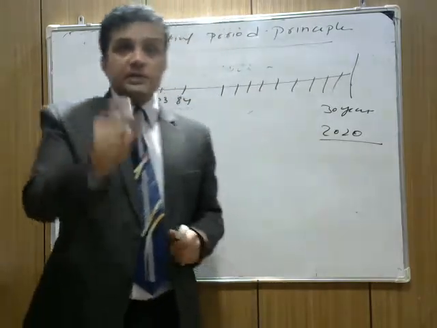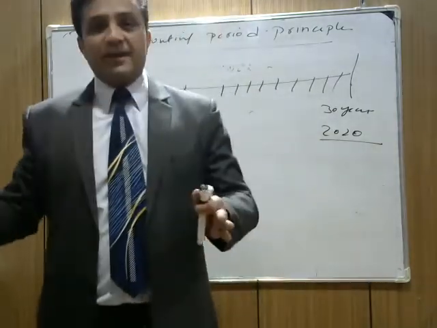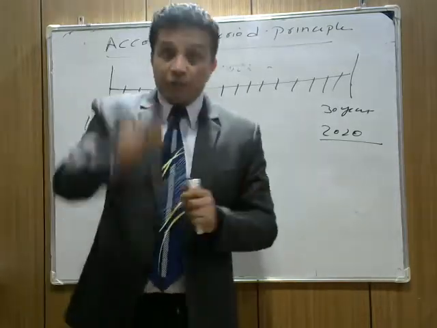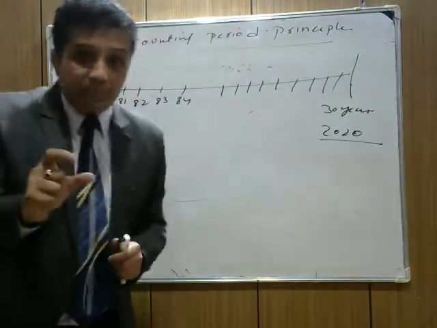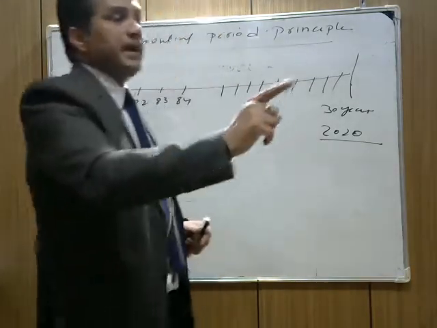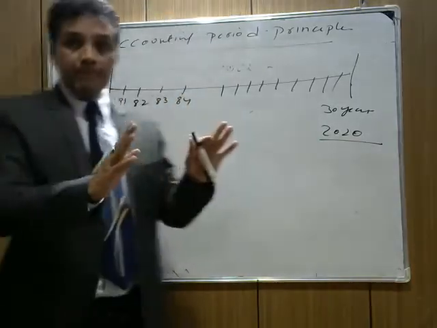So as per this accounting period concept, the whole life of a business enterprise is divided into smaller periods, which are considered accounting periods. The accounting period is usually a period of 1 year, which will be a financial year or a calendar year, any year of 12 months.